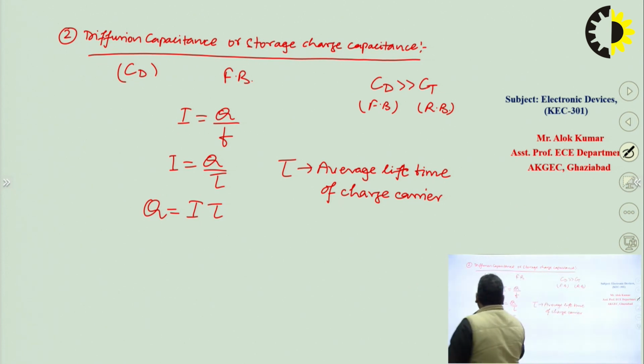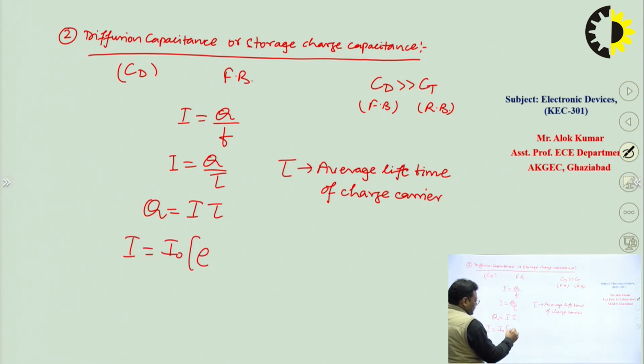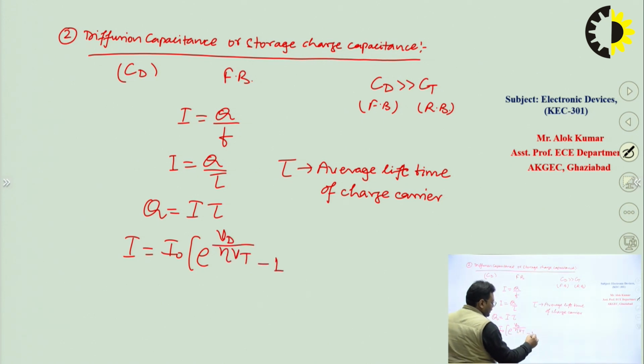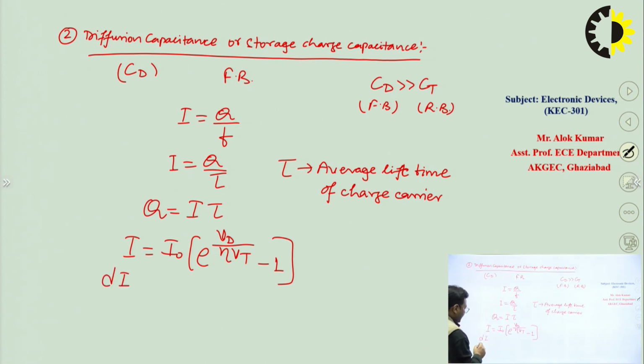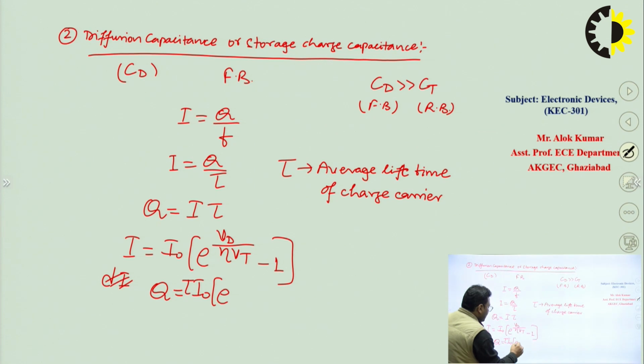In case of forward bias, I can be given as I is equal to I naught e to the power Vd upon eta Vt minus 1. So this is the equation. Now if I put the value in Q, Q will be tau into I naught e to the power Vd upon eta Vt minus 1.